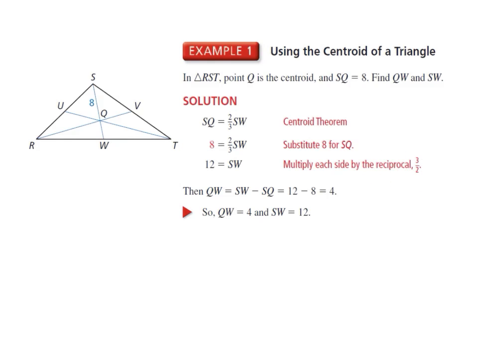So 3/2 gets multiplied on both sides, resulting in a length of SW is 12. So then QW is equal to SW, the full length, minus what we're given, which is 8. So 12 minus 8, which is 4. So this little portion is a length of 4, and the full length is 12.